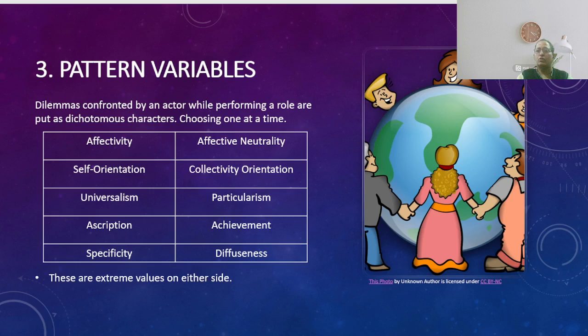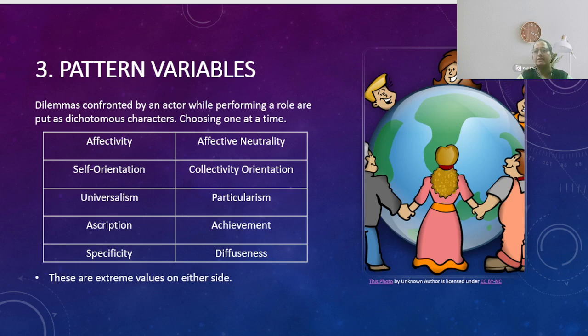So this is a set of variables. Okay, this is the first set of variables, and on the other side there is a second set of variables. So when an actor performs an action, he is confronted by these two variables side by side at a time. Okay, not the entire set, but two variables side by side.